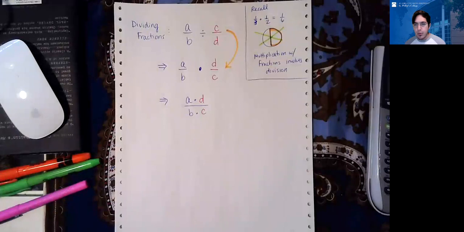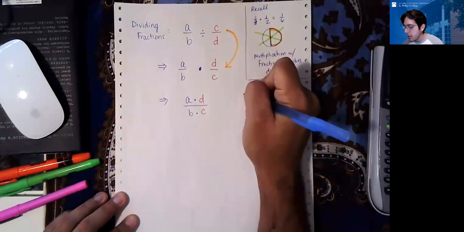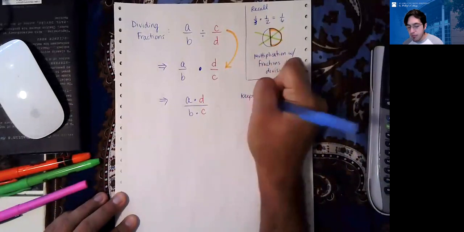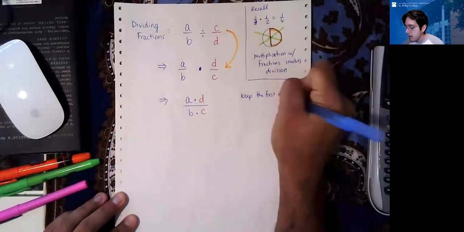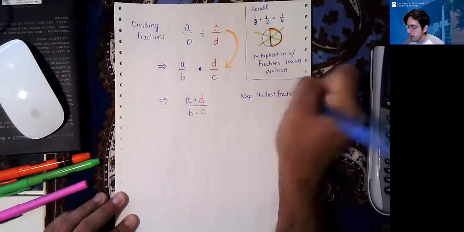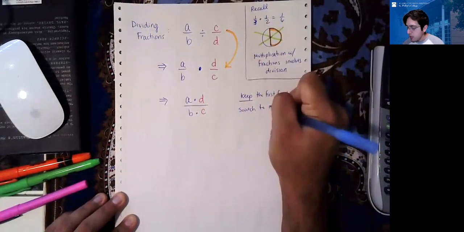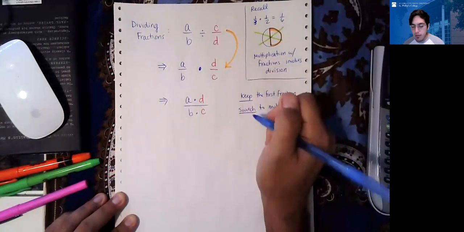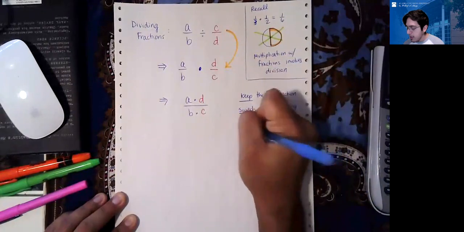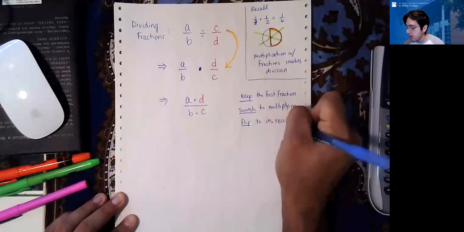Okay, so this is the helpful phrase that I'm going to give to you that you will repeat to yourself over and over again. When you're dividing fractions, you want to keep the first fraction, you want to switch to multiplying, and then you want to flip the second fraction to its reciprocal.